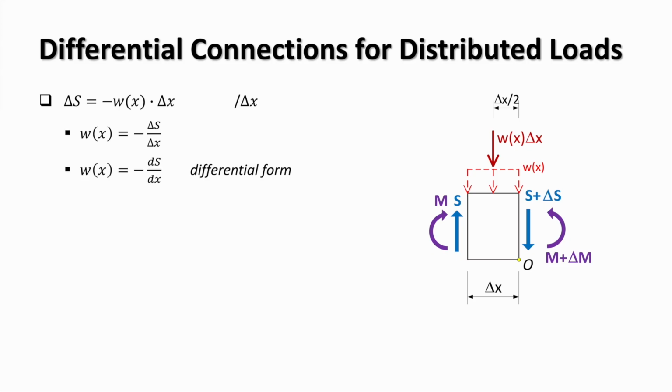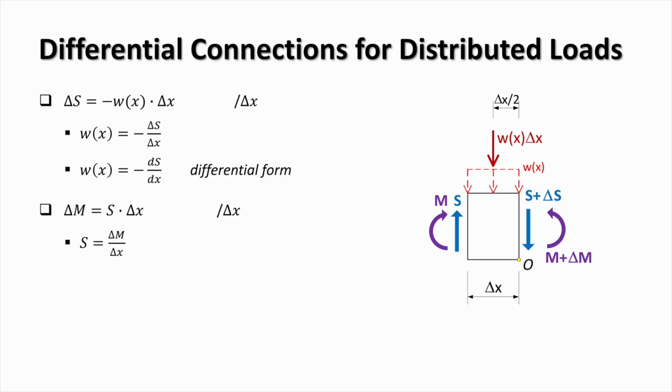As delta x becomes extremely small, this becomes w of x equals negative dS by dx. This relationship shows that the distributed load intensity is equal to the negative slope or rate of change of the shear force diagram.